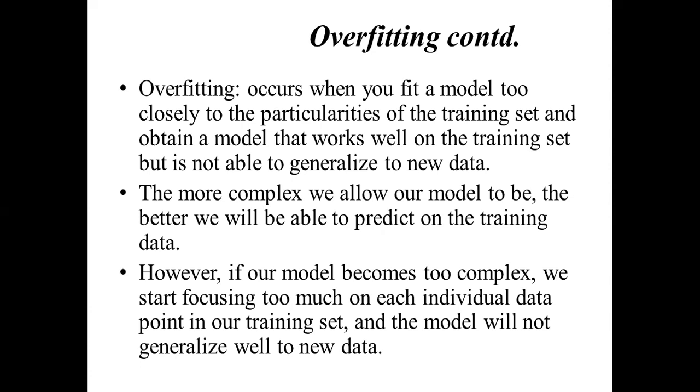Overfitting occurs when you fit a model too closely to the particularities of the training set and obtain a model that works well on the training set but is not able to generalize to new data. Then we say that concept is called overfitting.